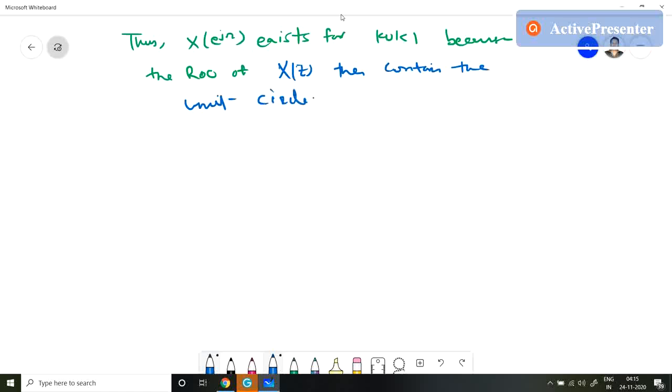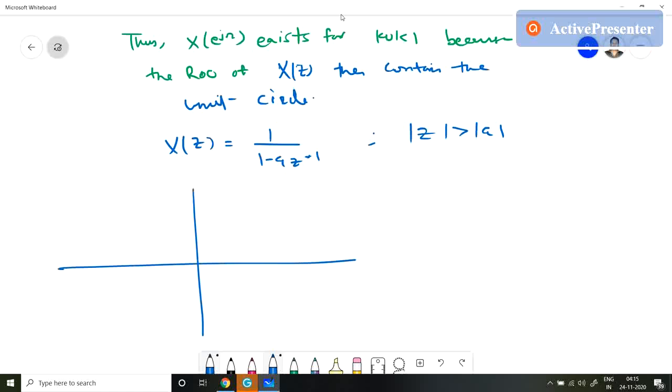X(z) is 1 divided by 1 minus a z inverse, with modulus of z greater than modulus of a. Now there are two cases: a less than 1, and a greater than 1. Suppose this is a unit circle.